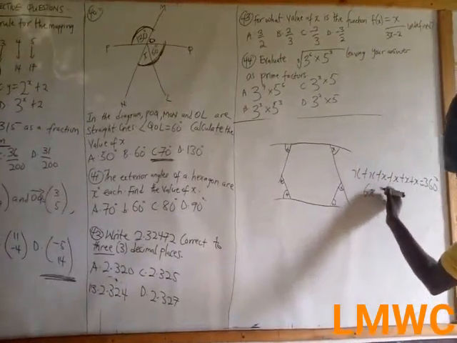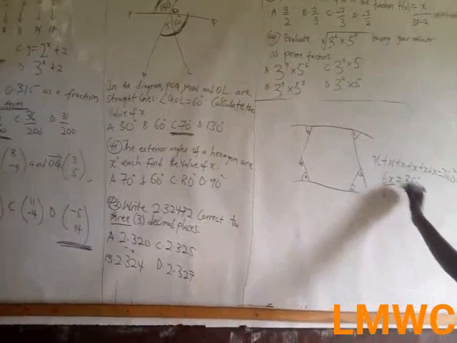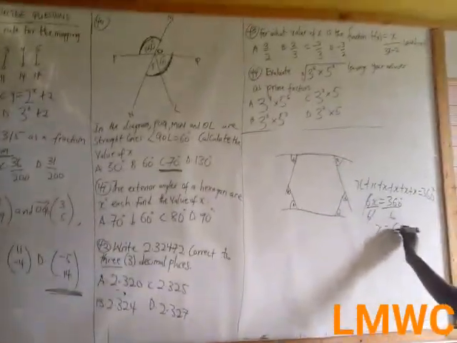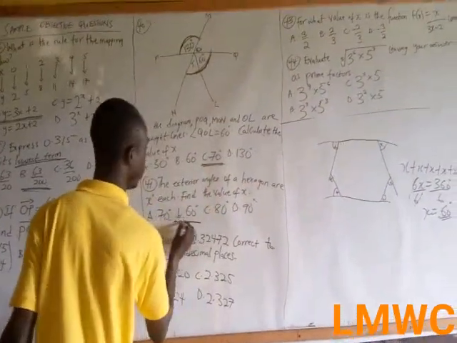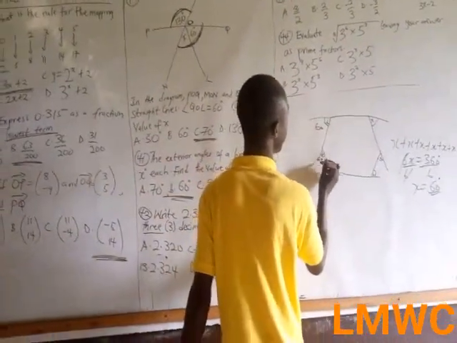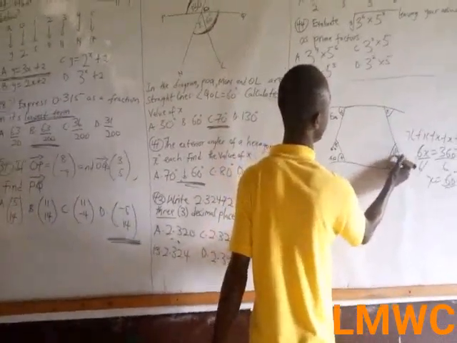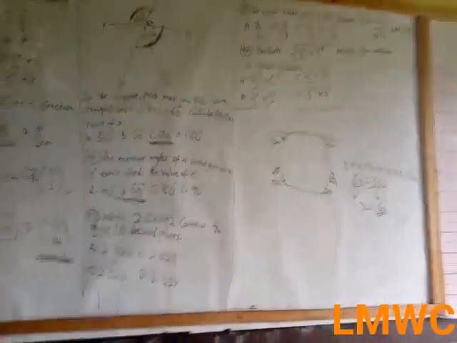So we have 6x equal to 360. So we divide through by 6. We have x to be 60 degrees. So our answer is B. And once you substitute this 60 here, 60, 60, 60, once you sum it up, you get 360 degrees.